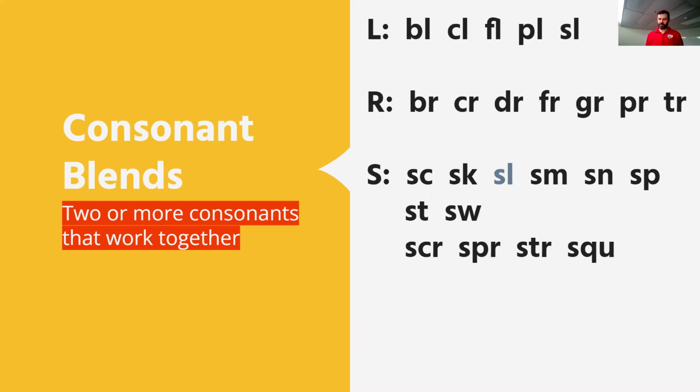We've got several S blends, including the S blend that's an SL blend. And we even have some 3 consonant S blends or 3-letter S blends. So sk, sl, sm, sn, sp, st, sw, and then skr, spr, str, and squ.